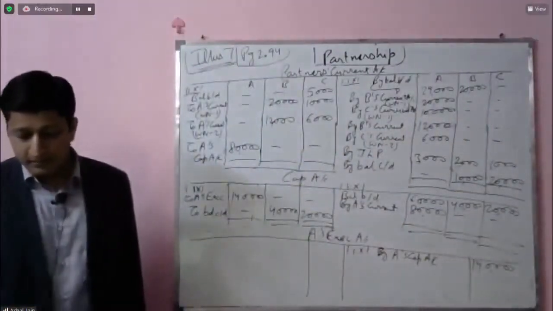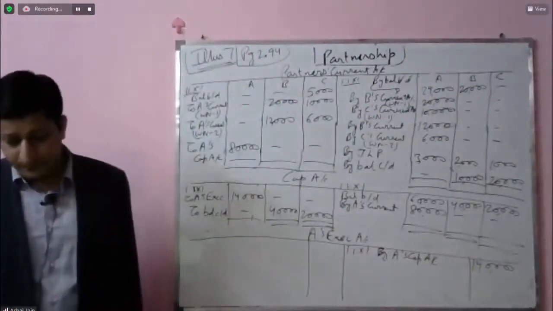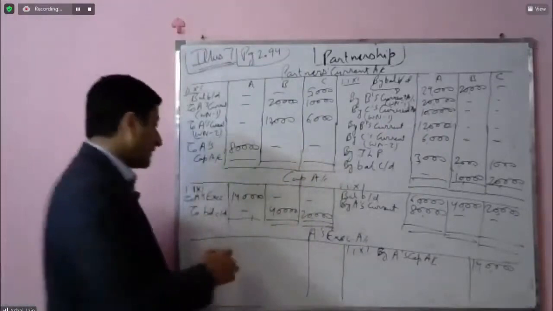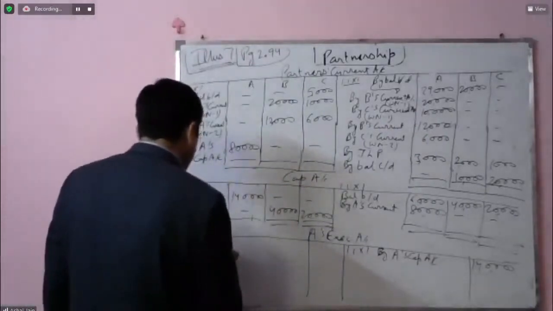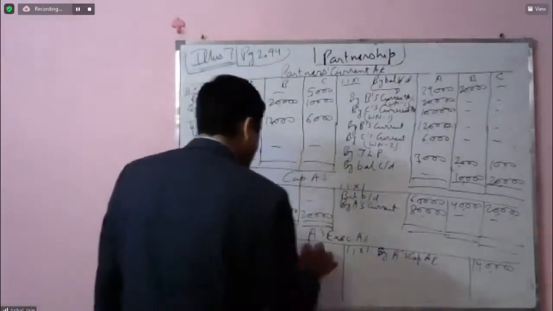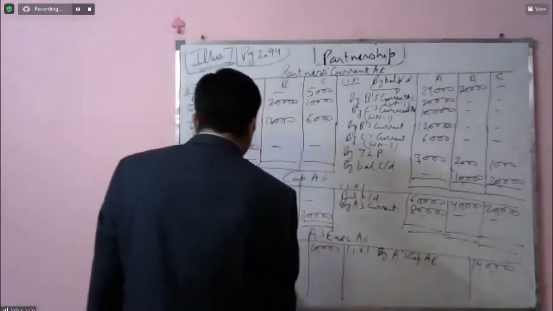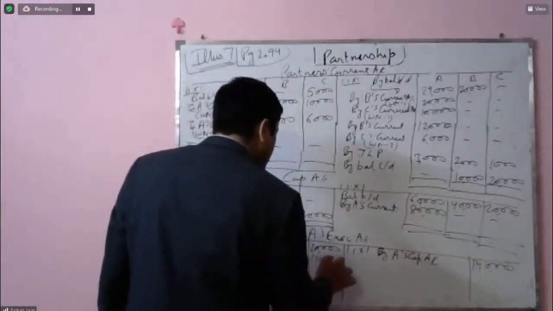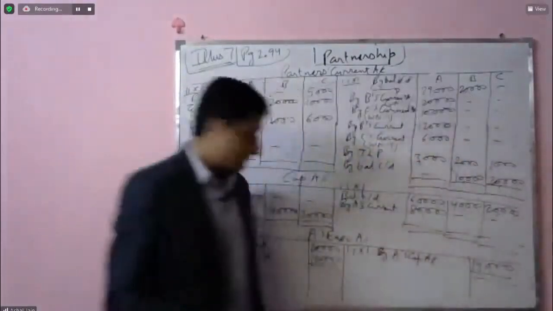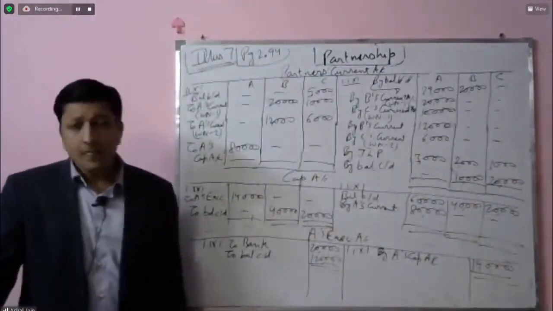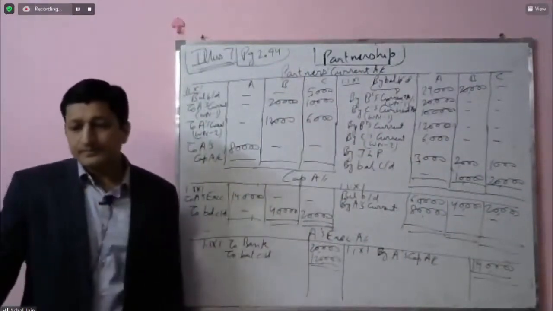Correct? And on this particular day, 20,000 will be paid to A's executors. To bank, 20,000 will be paid. To balance carried down 1,20,000. Clear? Yeah. Now moving further.